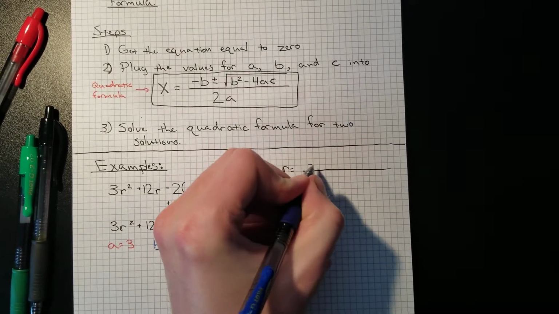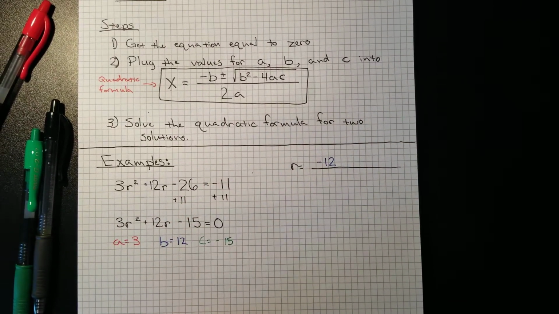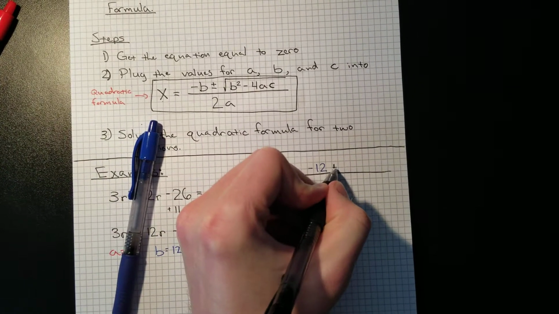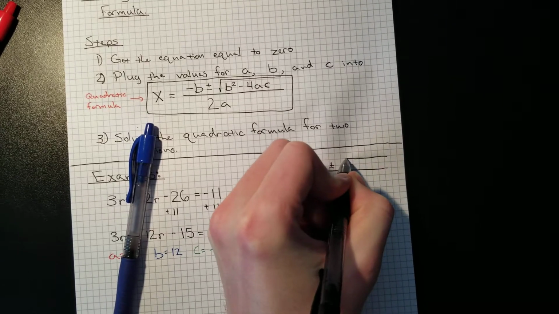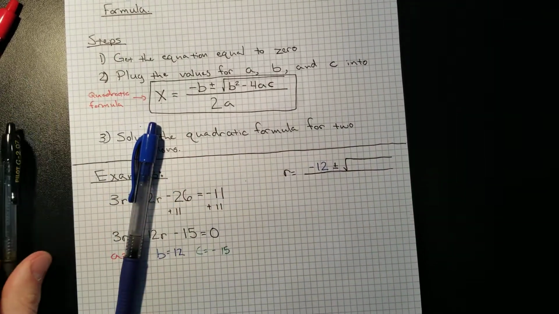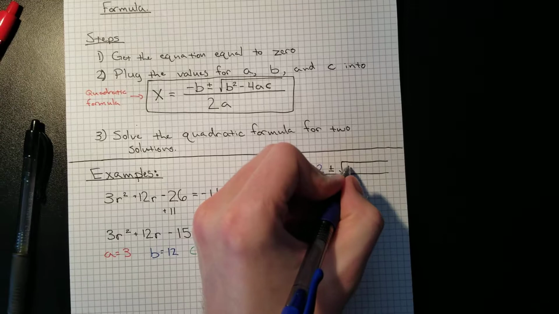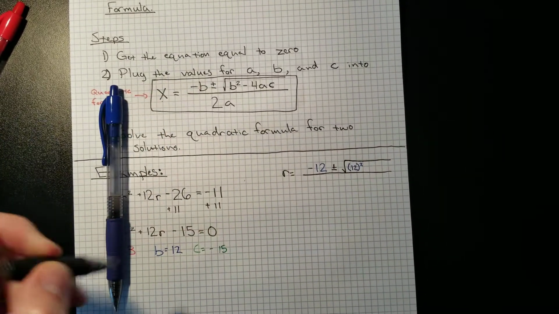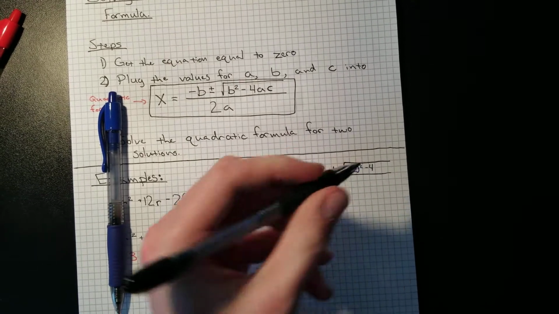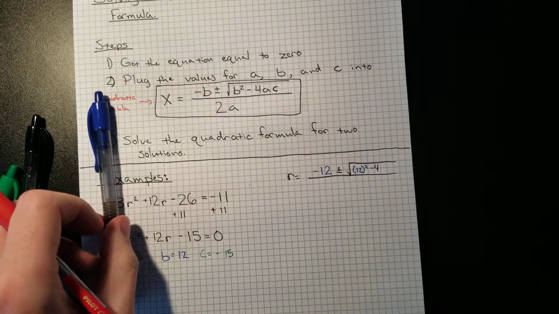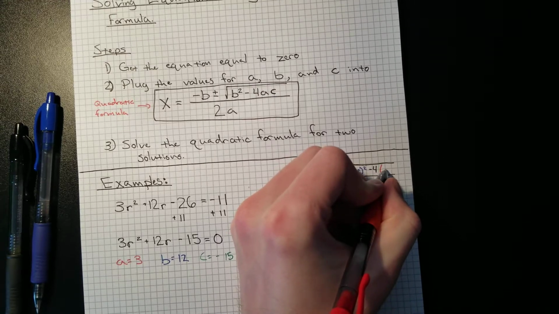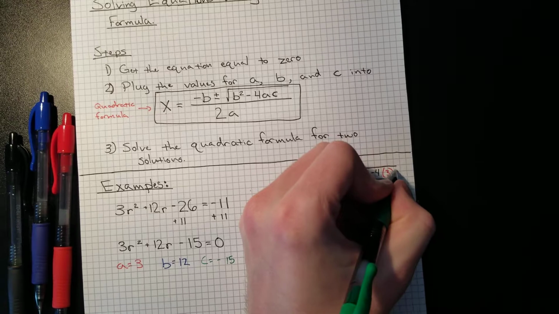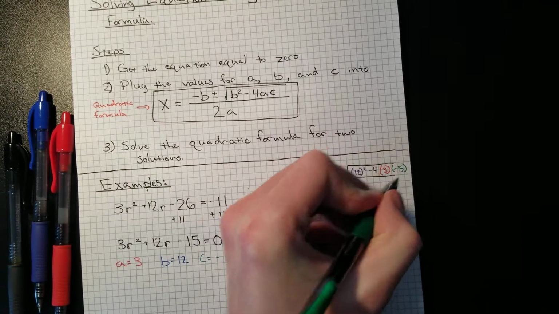B here is 12, so it's going to be negative 12 plus minus the square root of 12 squared minus 4, and then in parentheses, a is 3, and negative 15 is c.